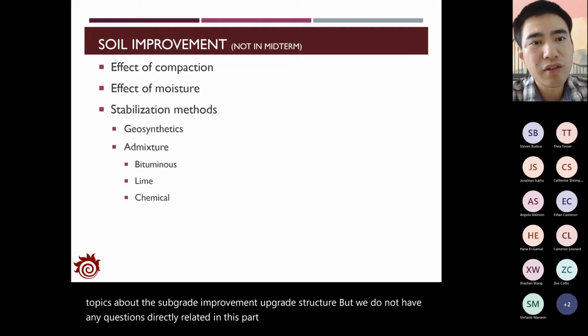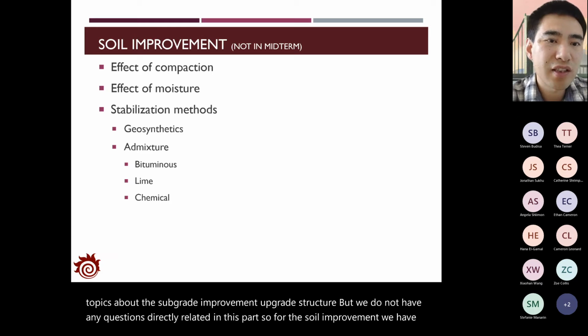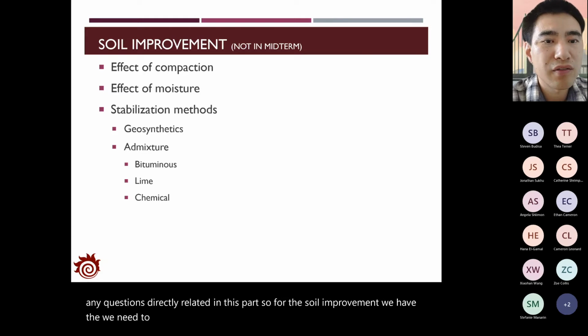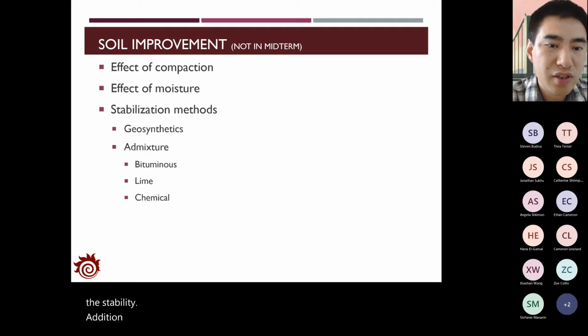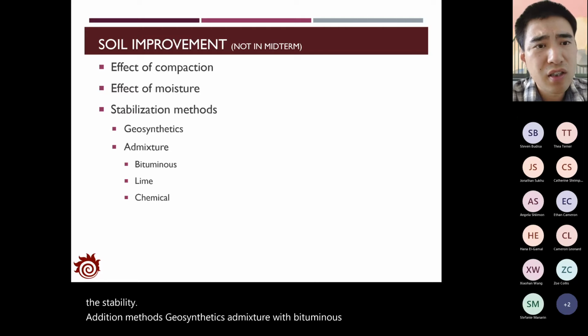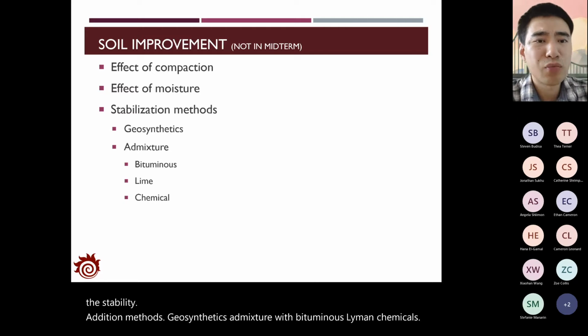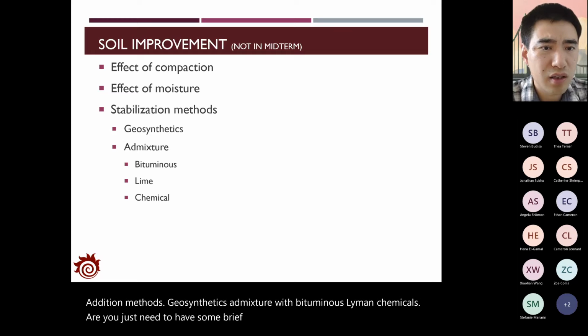For the soil improvement, we need to understand the effect of the compaction, the effect of the moisture, and the stabilization methods: geosynthetics, admixtures with bituminous, lime, and chemicals. You just need to have some brief ideas about those impacts and the stabilization methods.